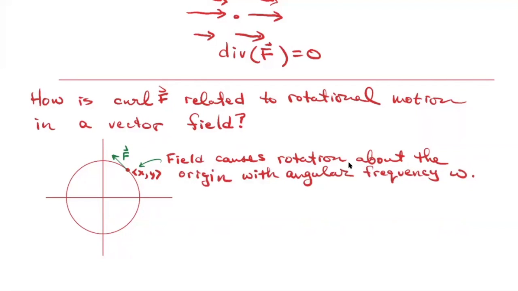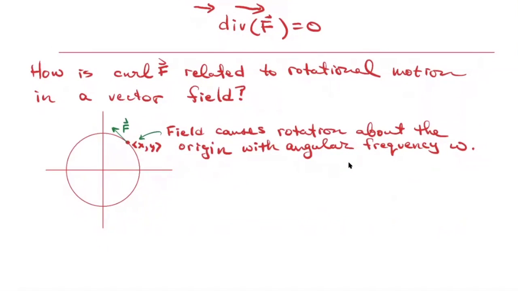Let's call that position vector r, for radius, since we always use an r for position vector. I know that my field needs to be perpendicular to r, because I'm moving on a circle.